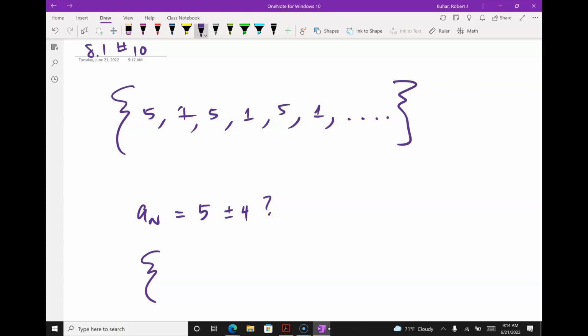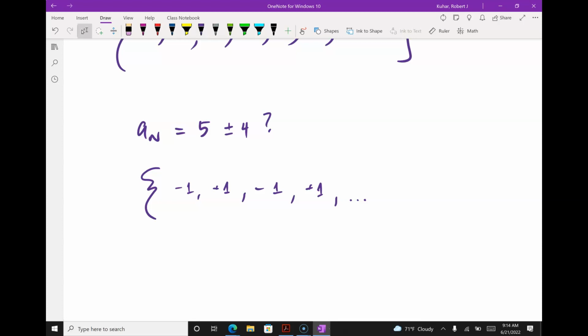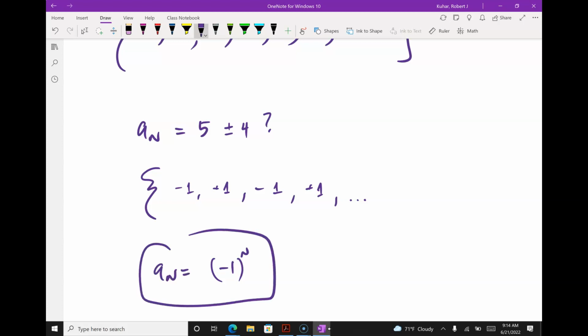So I want to be thinking of -1, +1 kind of thing, right? I don't know if it's the way I'm going to go, but I can do this simply by saying -1 to the nth power, right? When n is even, it's going to be a positive. When n is odd, it'll be a -1, right? So there's one I want to think of, right? A sub n is going to be what? +1, -1, etc., right?